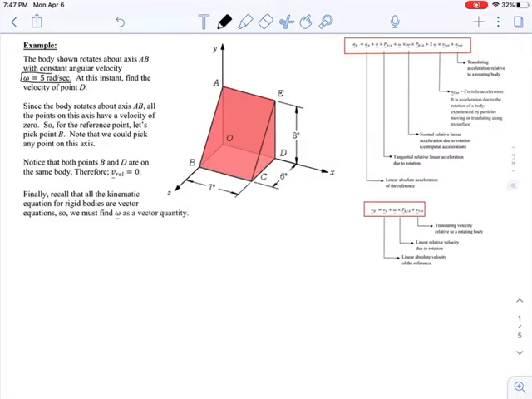The question tells us that this rigid body is rotating about the AB axis, which means that the angular acceleration is going in that direction, and the angular velocity is also going in that direction.